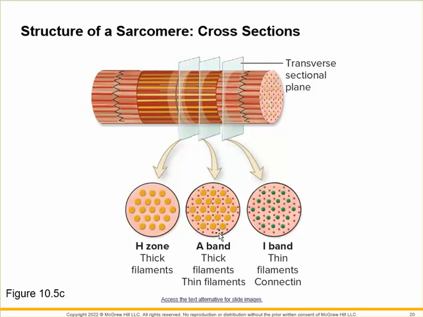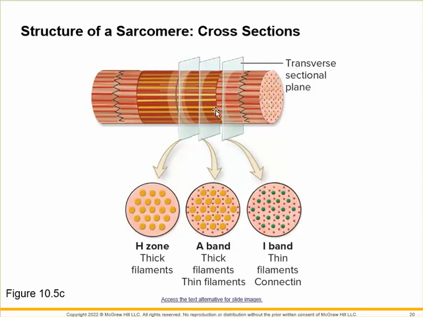Each thin filament, like that one right there, interacts with 3 thick filaments, and each thick filament is surrounded by 6 thin filaments. In the H zone, no thin filaments. It's only thick filaments. In the I band, in the position of the thick filaments are the connectin proteins that act as a spring.